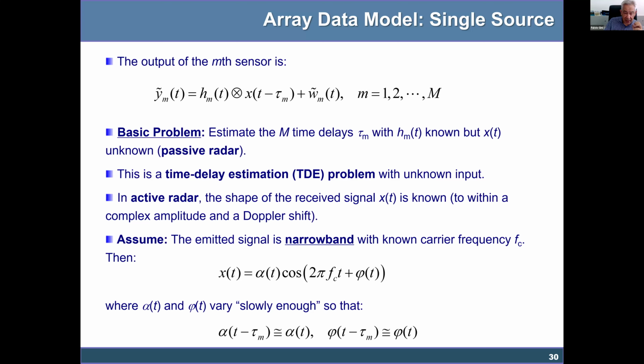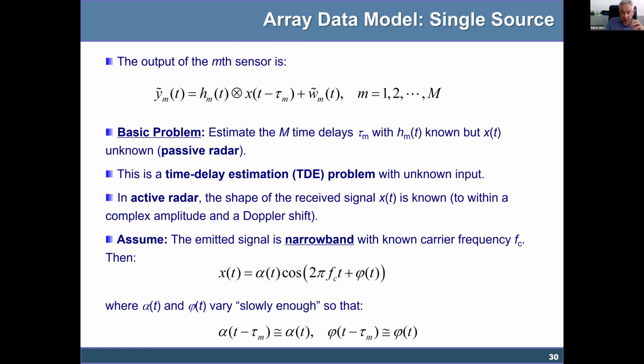Now, in a passive scenario, x of t is unknown because it has been generated by the external source. In an active scenario, we know what is the transmitted signal, but what we receive is a distorted version of the transmitted signal.